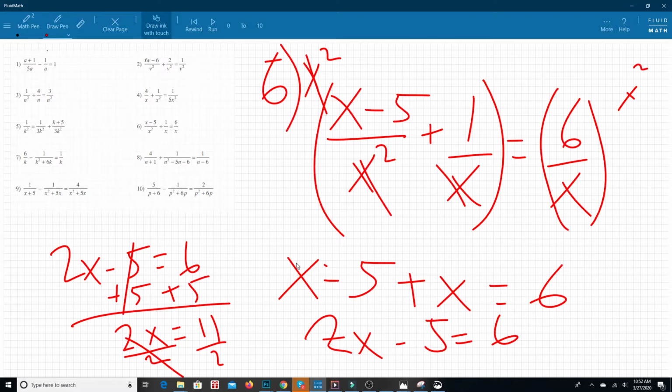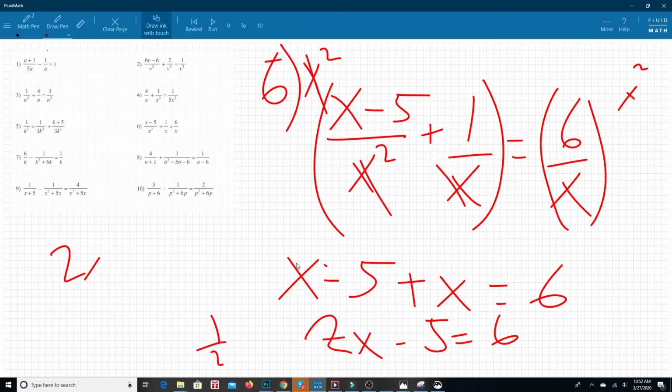Oh, wait. That's not entirely correct, guys. Sorry, this is the x squared that I'm multiplying by, which is still correct. But when I eliminate, I'm going to be left with 6x over here. So I'm going to move my 6x over to the other side.